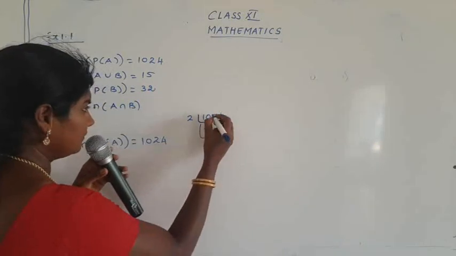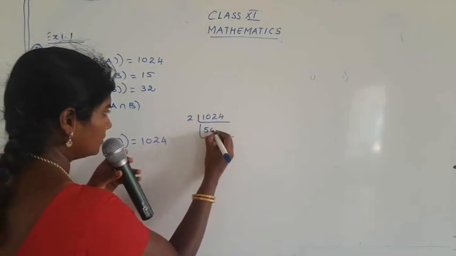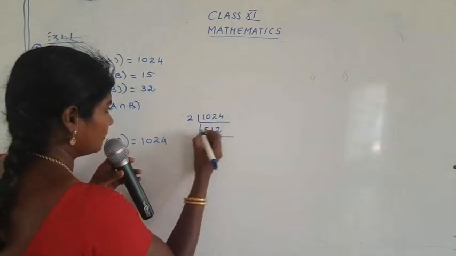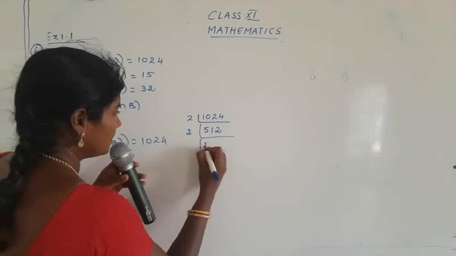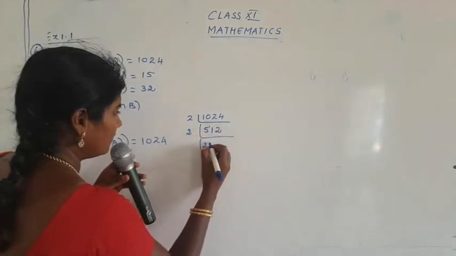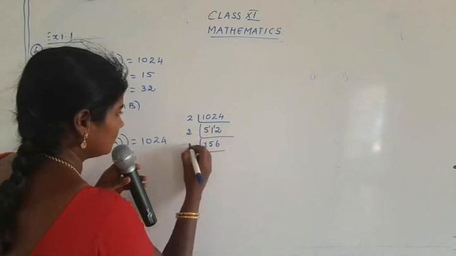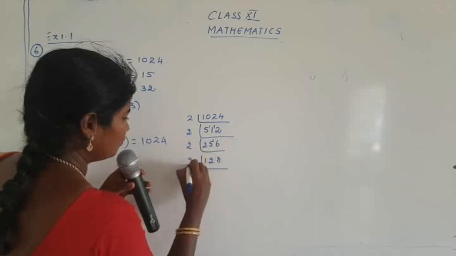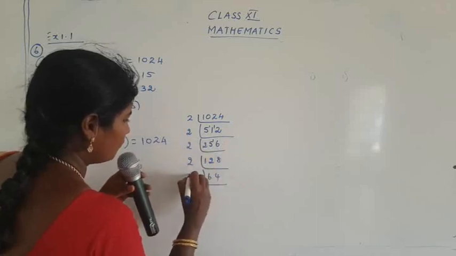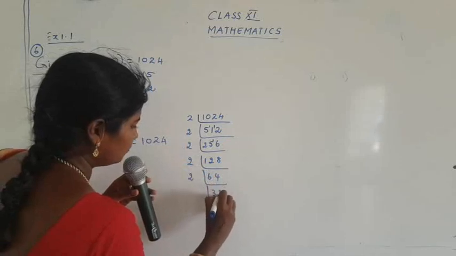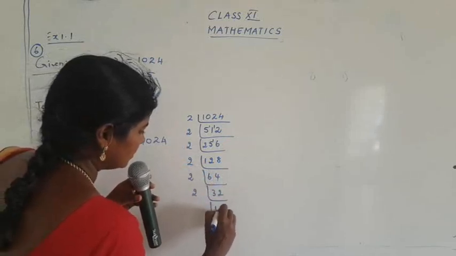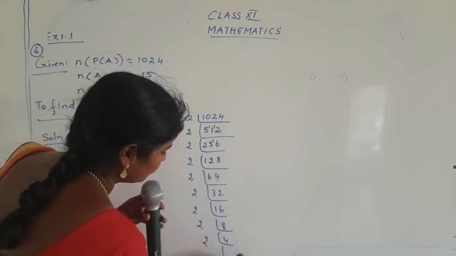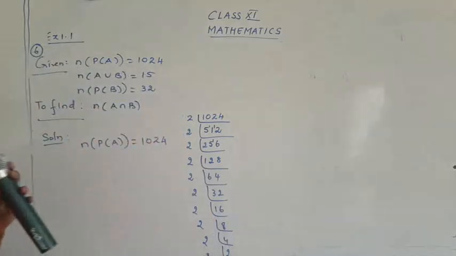2 fives are 10. 2 ones are 2, 2 twos are 4, 2 threes are 6, 2 fours are 8. 2 sixty-fours, 2 thirty-twos, 2 sixteens, 2 eights, 2 fours, 2 twos, 1. Okay, so be careful.